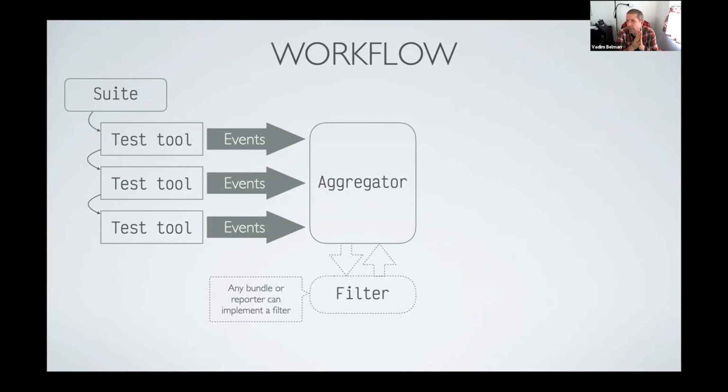And a filter can do anything. It can drop an event, inject another event, or modify the event. So if you need to get into the chain and do something to the events, you would normally do it through a filter.